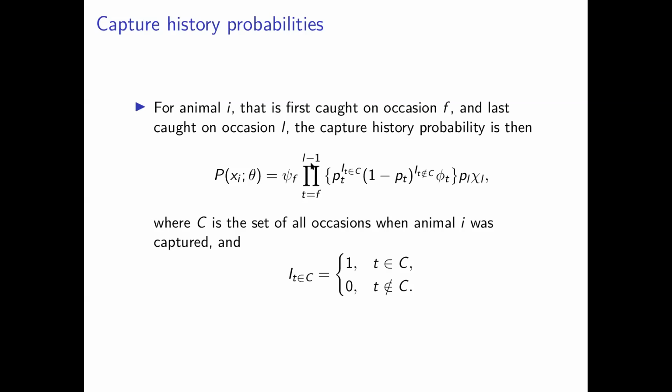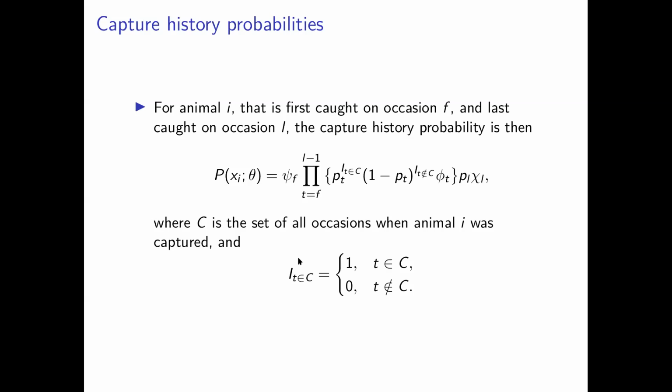But remember that the last survival probability that we need is phi of L minus 1, which represents that it survives from time L minus 1 to time L. And then we just need the last capture probability, p sub L here. And then this is the probability of all the trailing zeros given that the animal was alive when it was last captured.